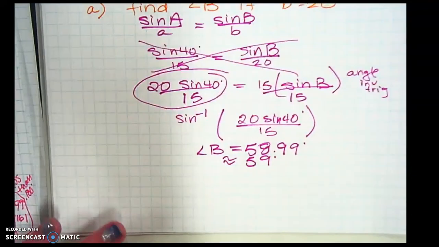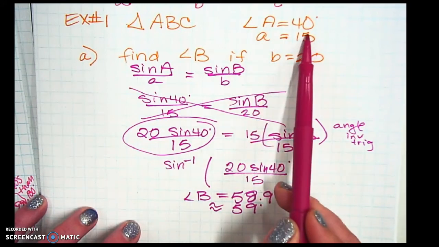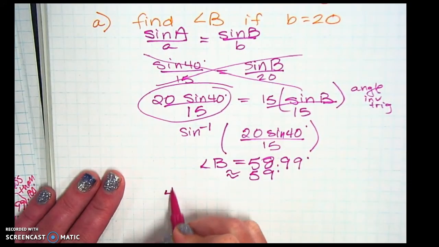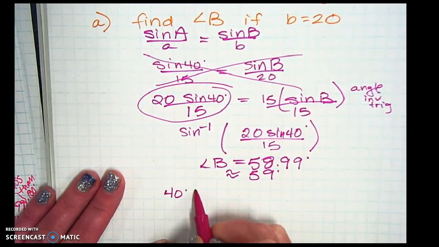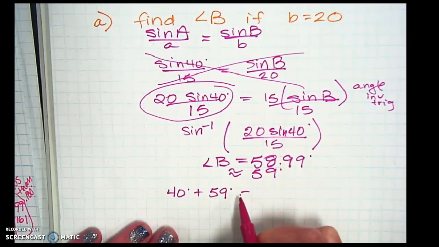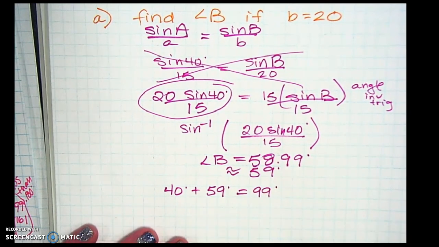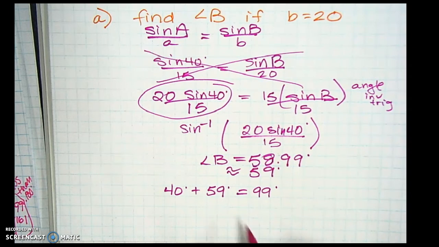All right, so think about the angle that we started with. Angle A was 40. So if we take that 40 plus the 59 that we just found out, that's going to give us 99 degrees. It's a possibility that 59 is not our answer.